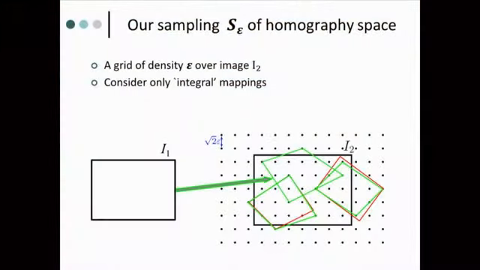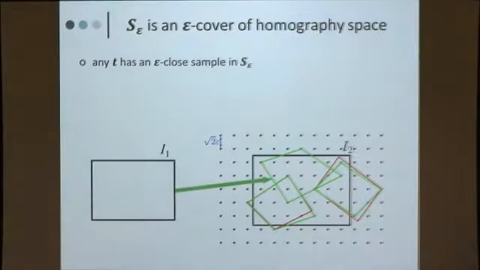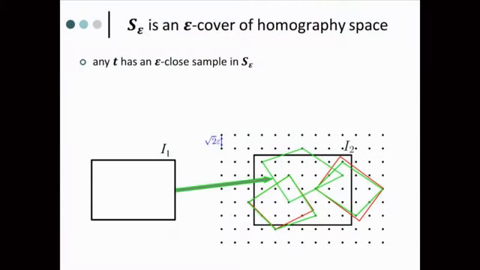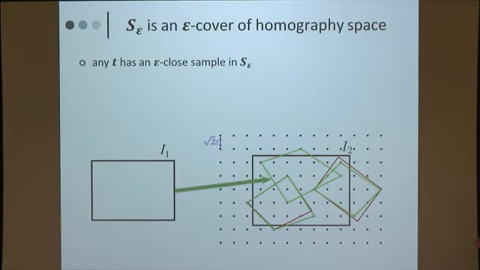And formally what we get is an epsilon cover of the space of homographies. It means that any homography in the space has an epsilon close sample in this set that we constructed.